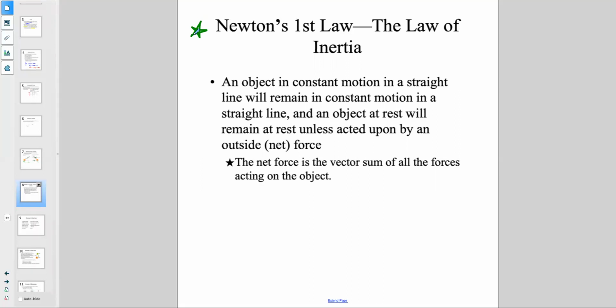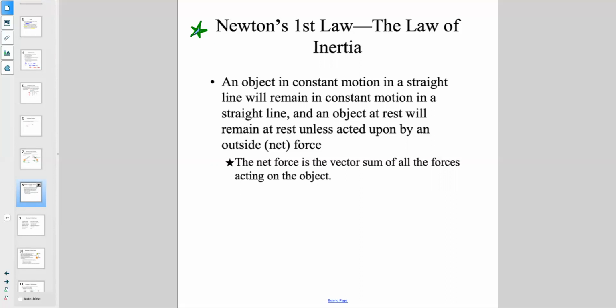Okay, the net force is the vector sum of all the forces acting on the object. All right, so in other words, if an object is moving with a constant velocity, it means that if there's no net force acting on it, it will continue to do that forever. And if an object is staying at rest, it will stay at rest unless acted upon by a force.